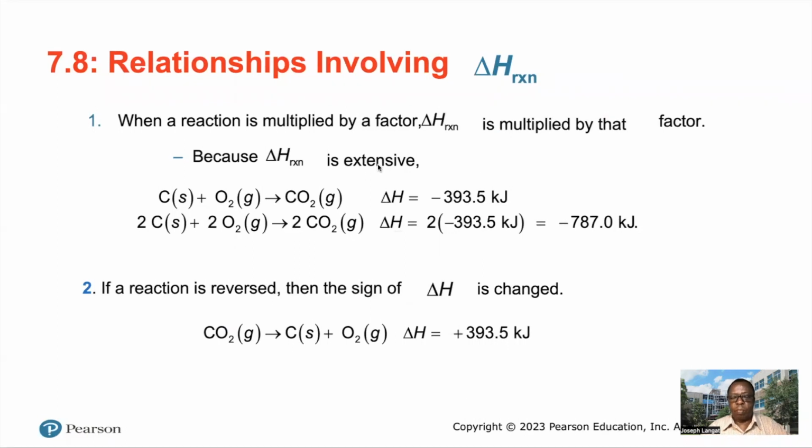It's extensive. We defined extensive and intensive properties at the beginning of the semester. Extensive properties depend on the amount of matter present. So here, if we multiply by 3, we multiply by 3. If we multiply by 4, we multiply by 4, and so forth. So remember multiplication.